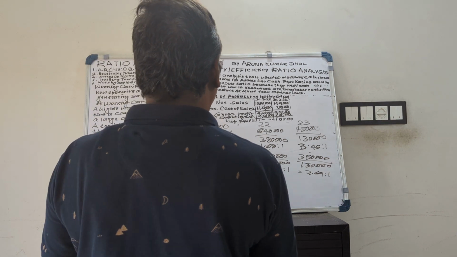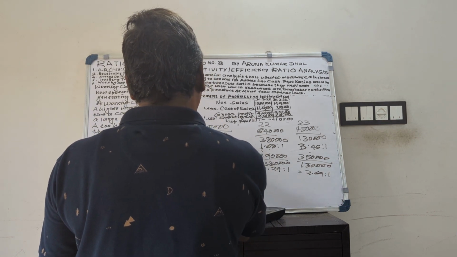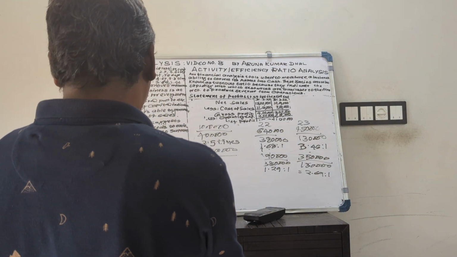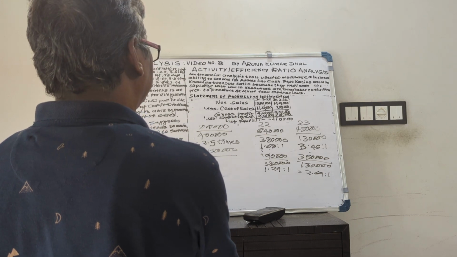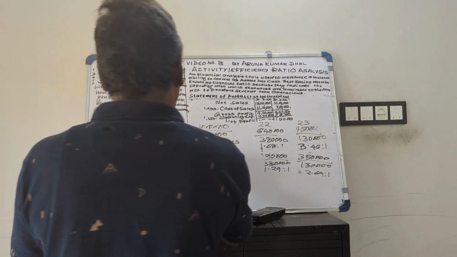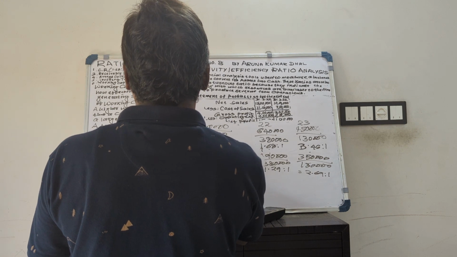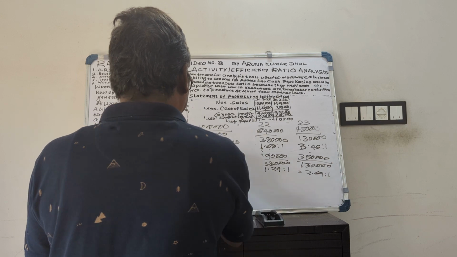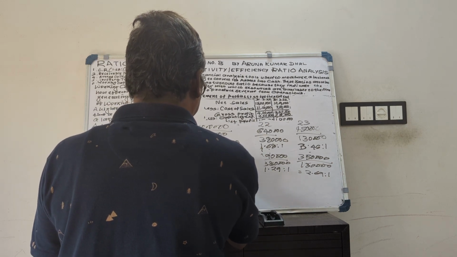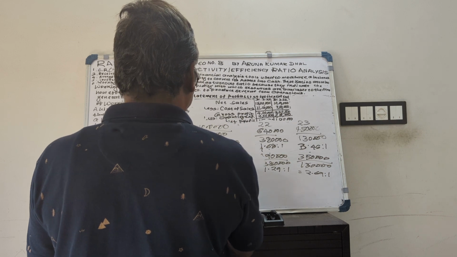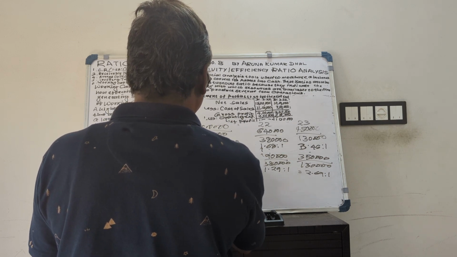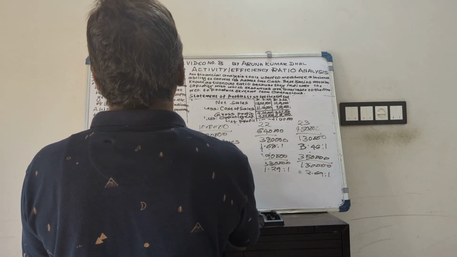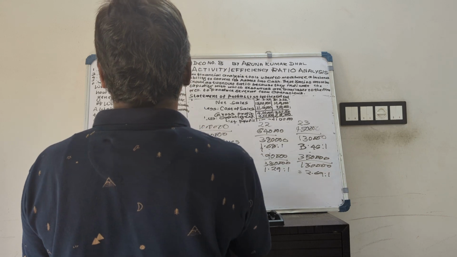In 2023 it is 15 lakhs divided by receivable of 2,50,000. So 15 lakh divided by 2,50,000, it is 6 times.